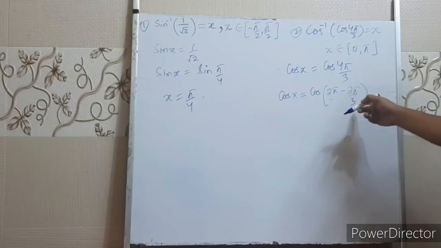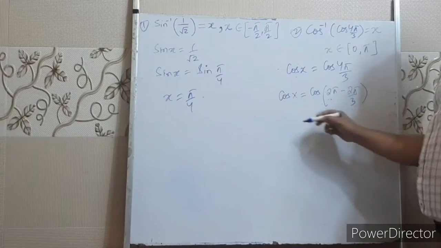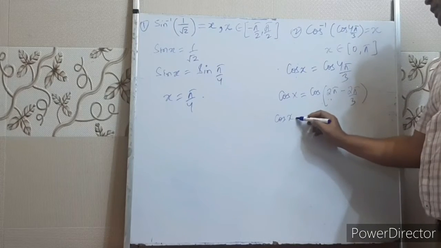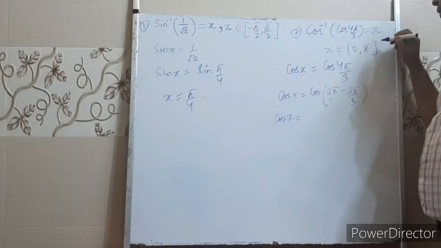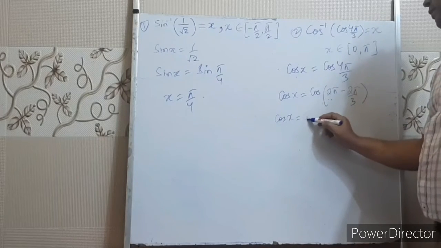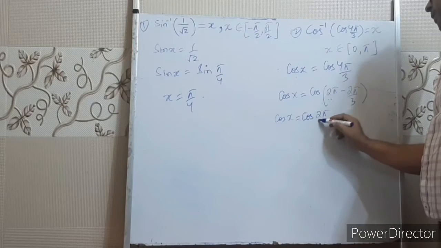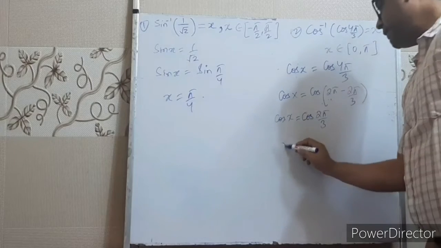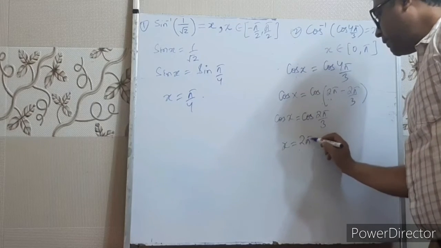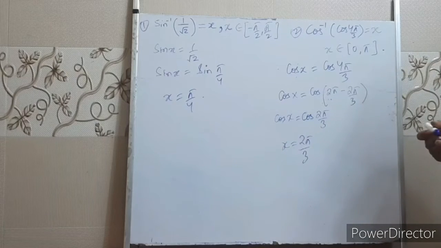Cos 360 minus theta lies in the fourth quadrant, and cos 360 minus theta is cos theta, and the value of 2 pi by 3 is lying in the interval 0 to pi. It is less than pi, so this can be written as cos x equals cos 2 pi by 3. So the value of x is 2 pi by 3. Please note down.